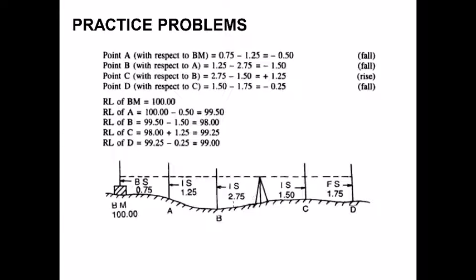One reading on that, 2.75, and the other reading on the point C, 1.5. So you subtract 1.5 from 2.75. Now you have a positive answer. That means there is a rise, which means the point C is above the point B, and you will add this rise to the reduced level of the point B, which is 98. So 98 plus 1.25, now you have the reduced level of the point C, and now this becomes your benchmark. This is how we proceed with the rise and fall method.